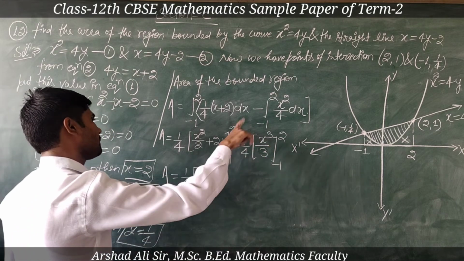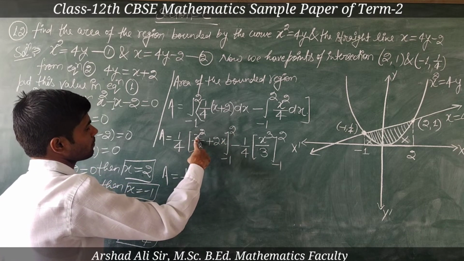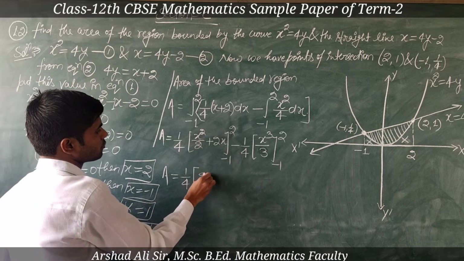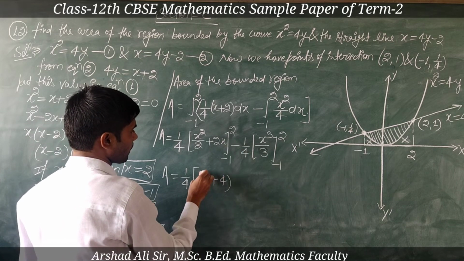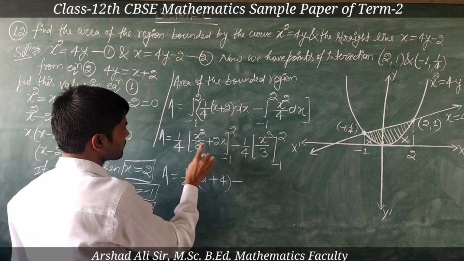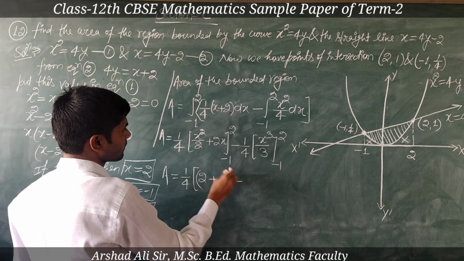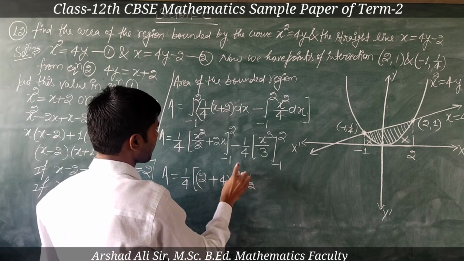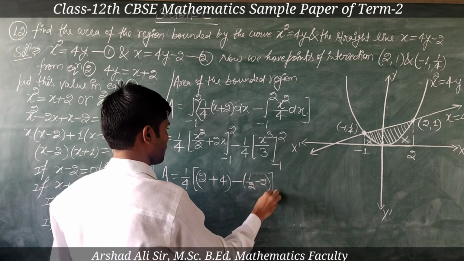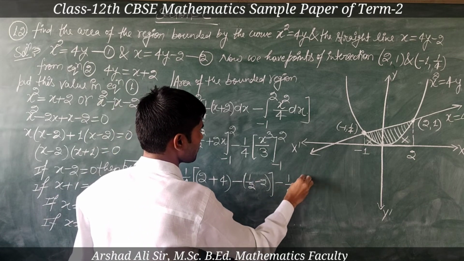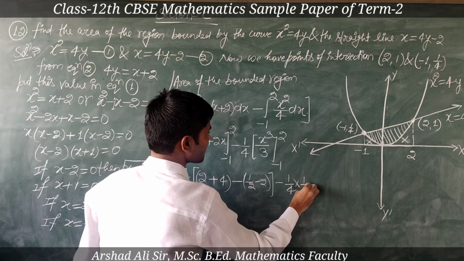If we put the upper limit, 2 square will be 4, 4 upon 2, it will be 2 plus 2 times 2, 4, minus square of -1 will be +1, 1 upon 2, and 2 multiplied by -1, it will be -2. Okay, minus 1 upon 4 and multiply 1 upon 3.